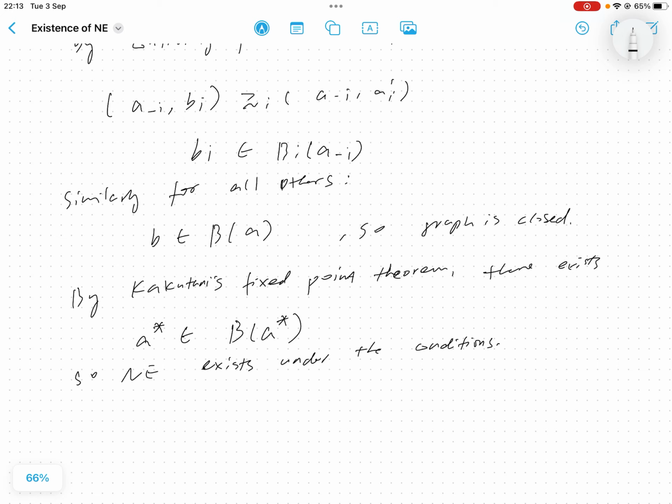So in that case, the conditions for the existence of Nash equilibrium will be fewer, so it's much easier to have the existence of the mixed strategy Nash equilibrium. Okay, but this is the starting point for us to see the fundamentals of those proofs, using Kakutani's fixed point theorem for the existence of Nash equilibrium. Okay.